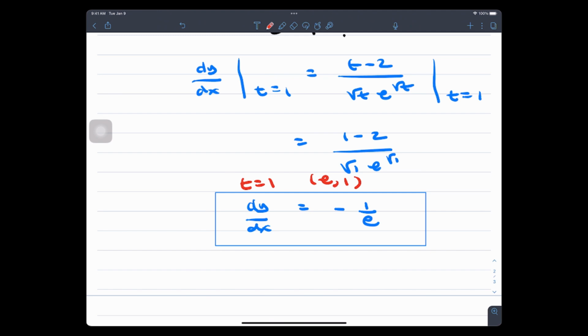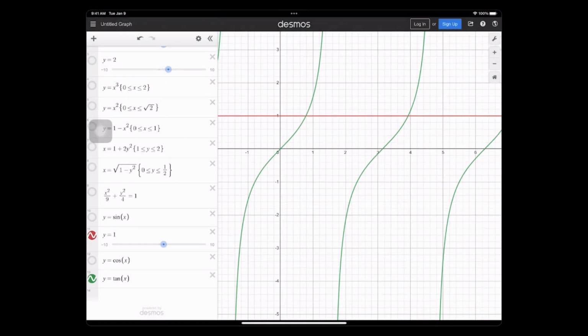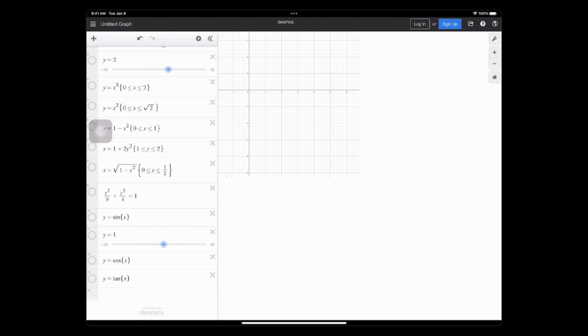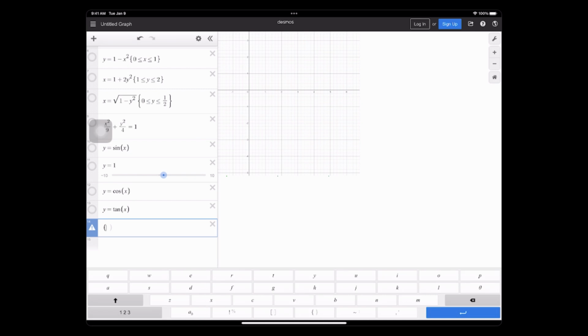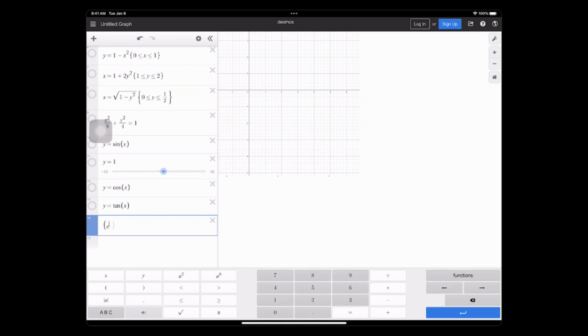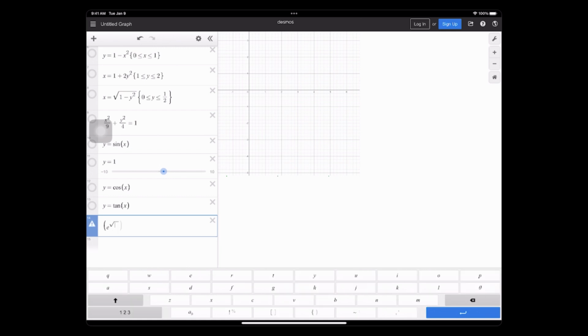So if I go over to Desmos, here's the thing about Desmos: let's get rid of all of this stuff. Desmos graphs parametric equations. What was your x coordinate? Do you guys remember the x coordinate? Wasn't it e to the square root of t? Let's find our t.